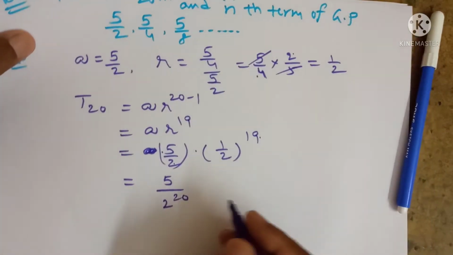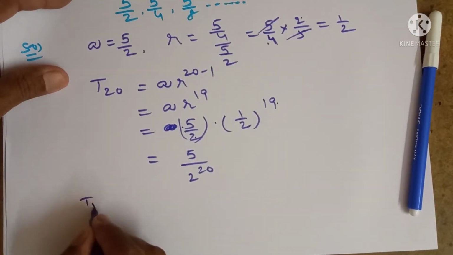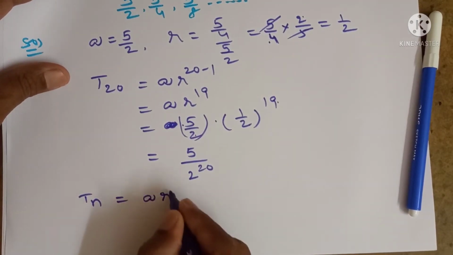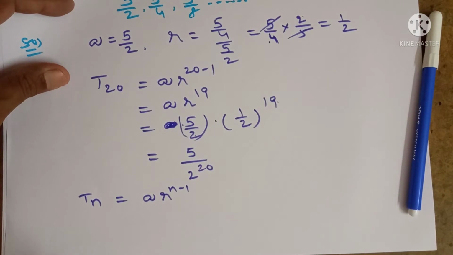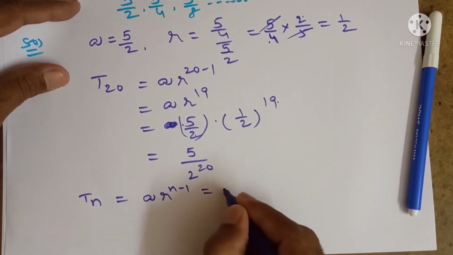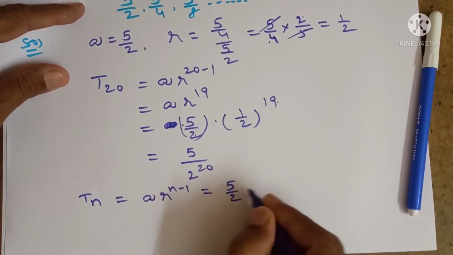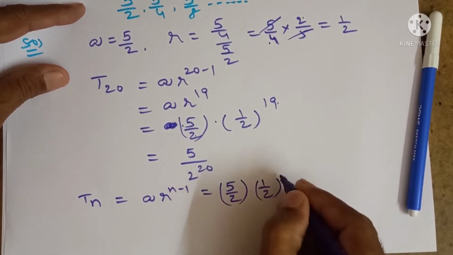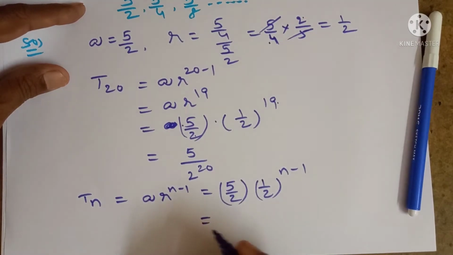Here the nth term, Tn, is equal to A into R power n minus 1. This is equal to A, which is 5 by 2, R, which is 1 by 2, power n minus 1.